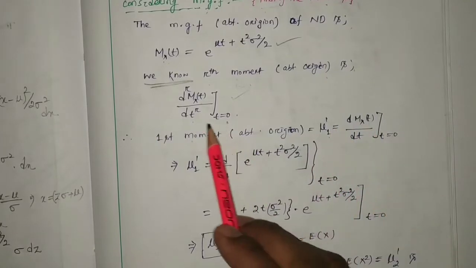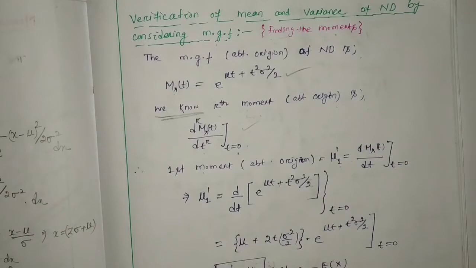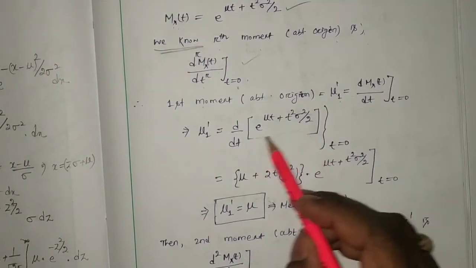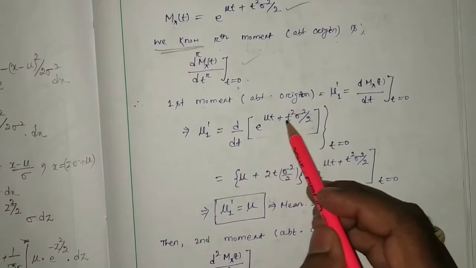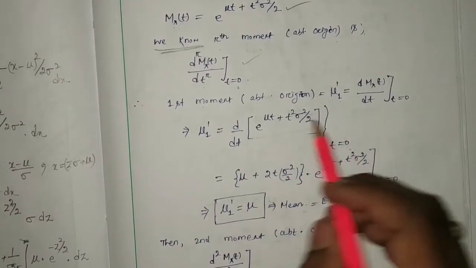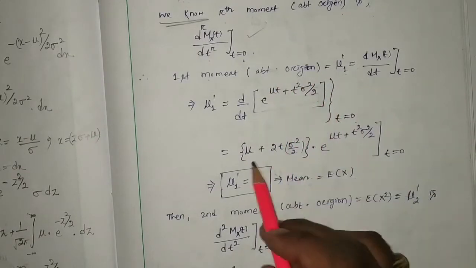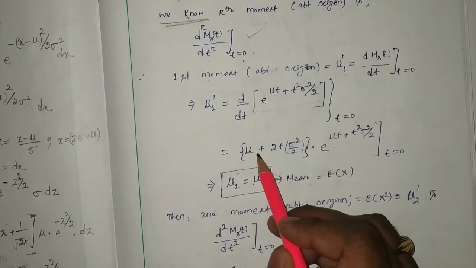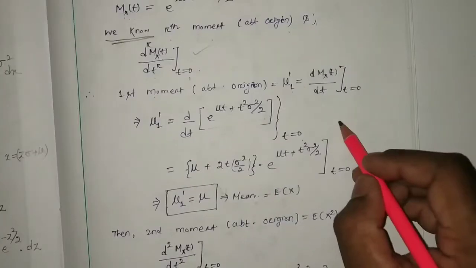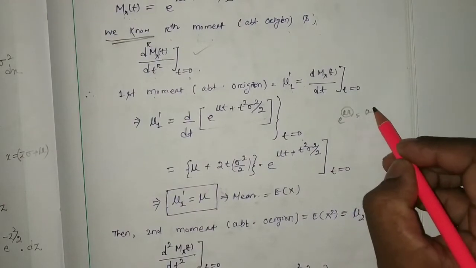So we have to find the first derivative of this, then put the value 0 for t. So d by dt of M_X(t), e to the power mu t plus t square sigma square by 2, at t equal to 0. Now differentiate this. The derivative of e to the power ax is a into e to the x.